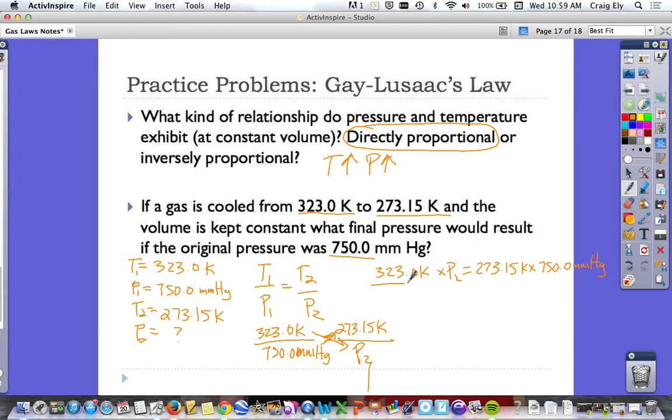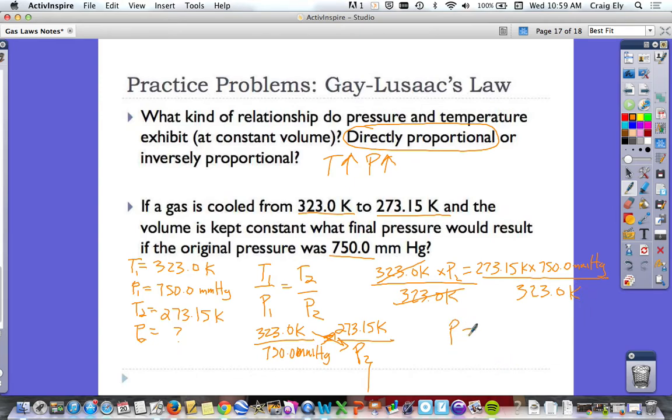We want to divide by this temperature, 323.0 Kelvin, that'll cancel out, and that'll give us P2 on one side. We want to go ahead and divide the same thing on the other side, just like you do in algebra. If you do something on one side of the equation, you have to do the same thing on the other. So 323.0 Kelvin.